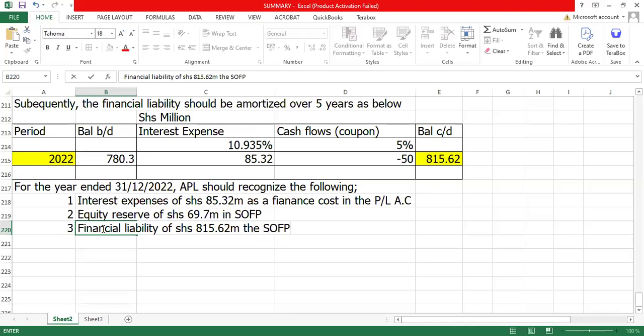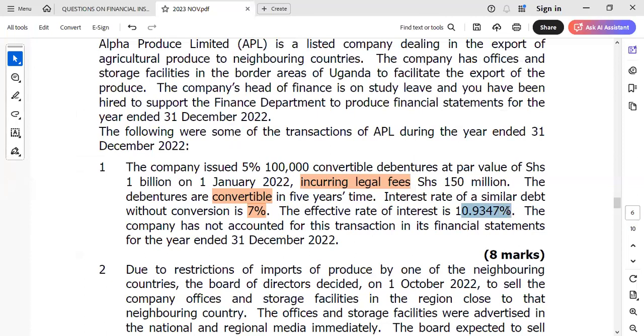Abel. Yes, please. Maybe to take you back, how did you come up with the interest expense rate of 10.935? In the question, what do we have? This is what we have. Okay, I had rounded off.